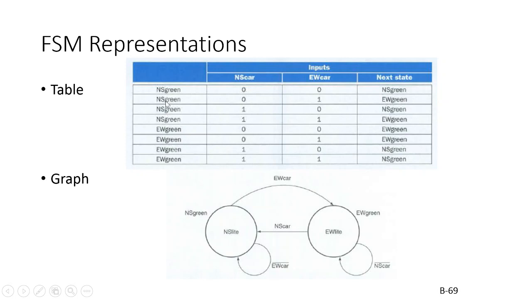If your north-south light current state is green and your north-south car input is 0, and your east-west car input is 1, then the next state is, well, we need to turn the east-west green light on and shut off the north-south green light. So this assumes one state, okay? It's either north-south green lights on or east-west green lights on, and presumes that there's a red light on the opposing when the other is green.